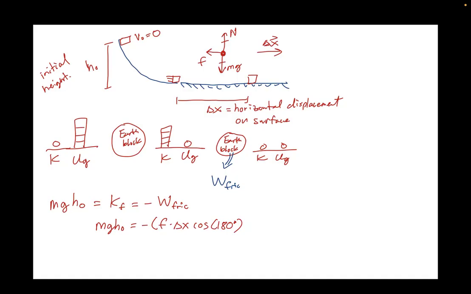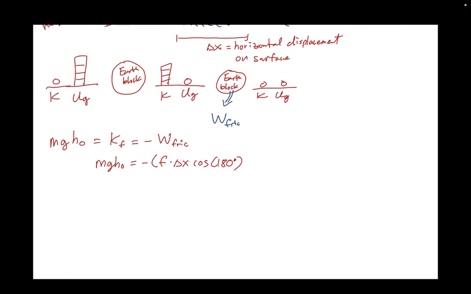Given all that, we could then say the friction force is equal to the coefficient of kinetic friction times the normal force, which is equal to the coefficient of kinetic friction times mg. By substituting that down here, the negative sign cancels out with the cosine of 180, and we get mg h naught is equal to mu sub k mg for our friction times the horizontal displacement.